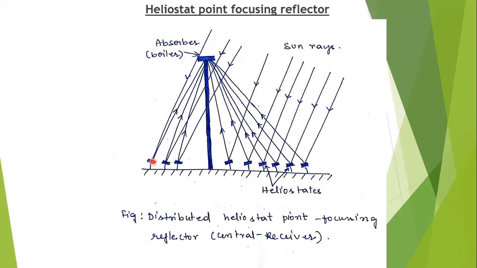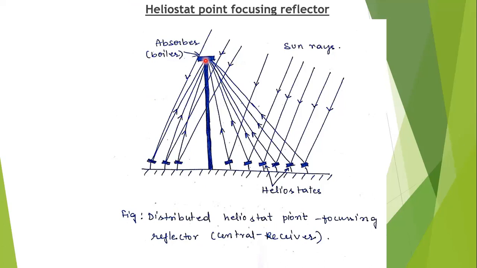But these reflect the sun rays into space here. So these should be aligned in such a direction, in two coordinates, that if the heliostat mirror turns to this side also, it has to make the reflection onto this receiver boiler only.